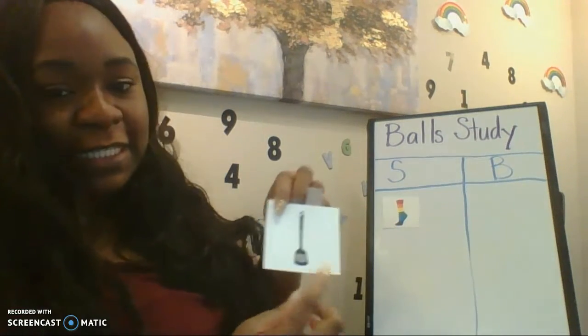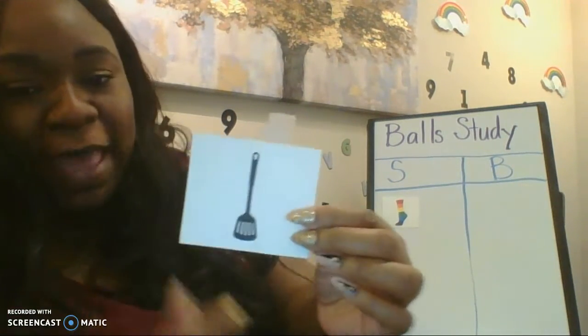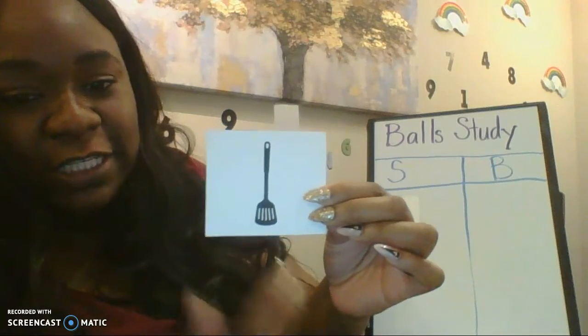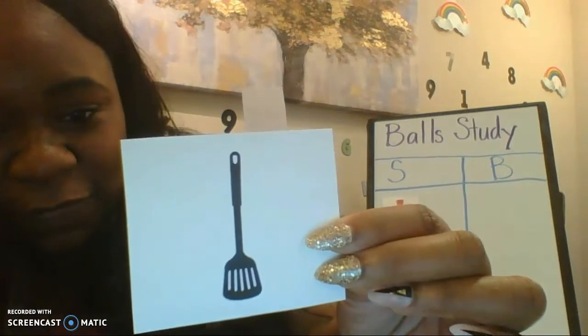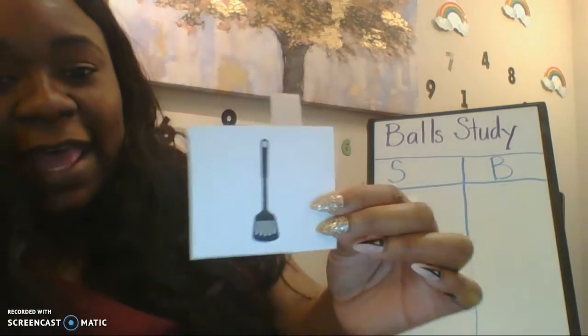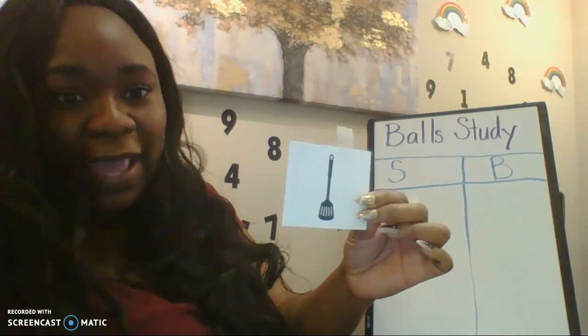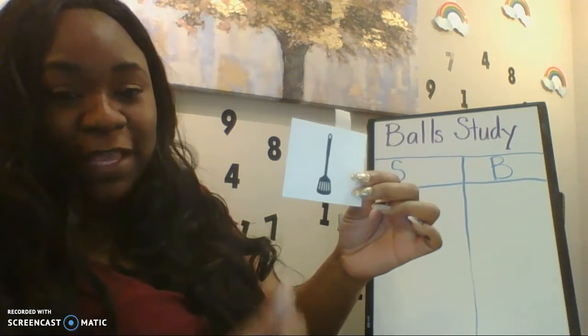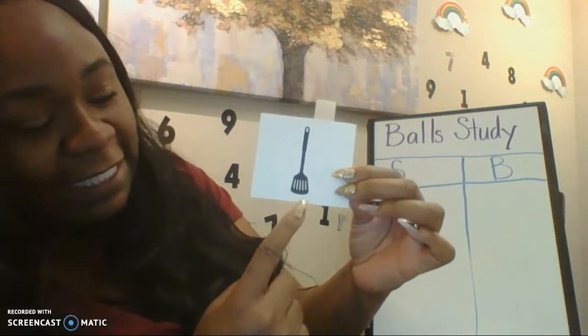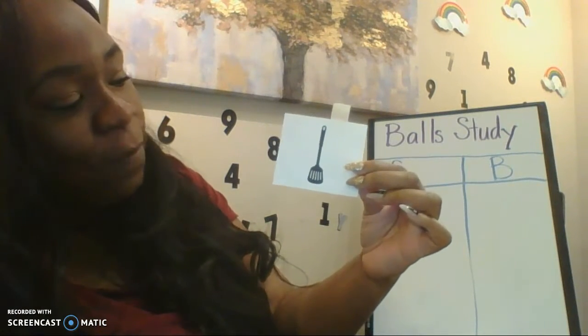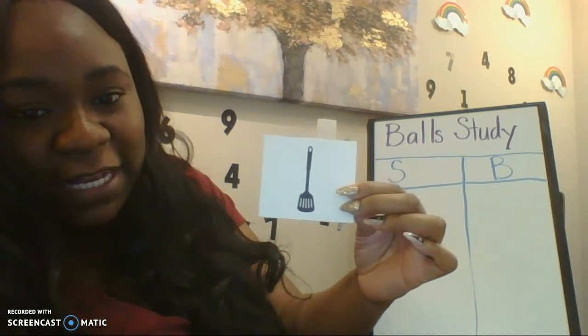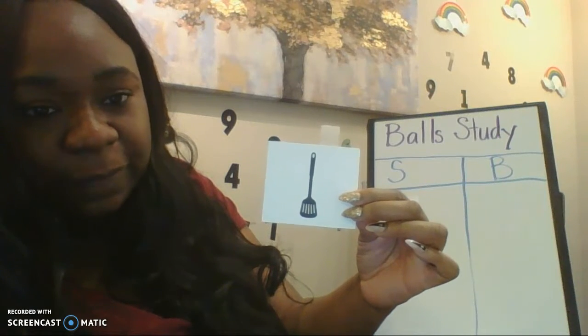Next, I have a spatula. Spatula. What do we use a spatula for? Have you ever seen this before? Yes, we use it when I make hamburgers or when I make pancakes, when I have to flip something that I'm cooking, I use a spatula. So, spatula, what's the beginning sound for spatula?